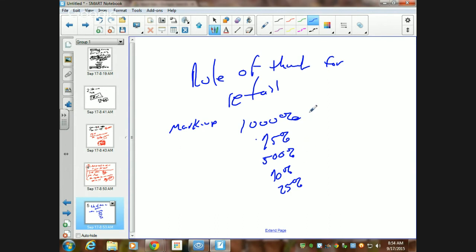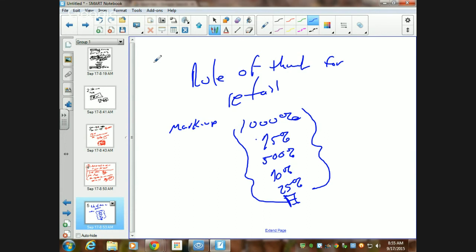All right. So let me go ahead and put this in perspective now. This right here, guys, this markup is profit. Okay? So if you only mark it up 25%, let's put this in perspective here.